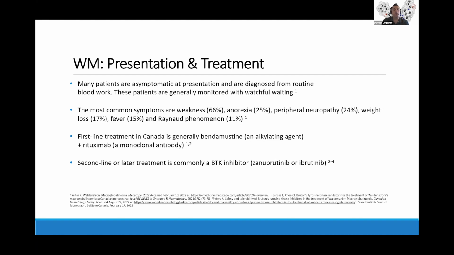So most patients will be asymptomatic when we diagnose the disease, but there are some symptoms that are associated, and they are hyperviscosity syndromes that might occur. Now, the first line of treatment is usually bendamustine and rituximab, and BTK inhibitors are more used in second line or later.